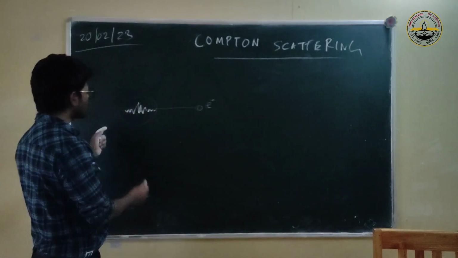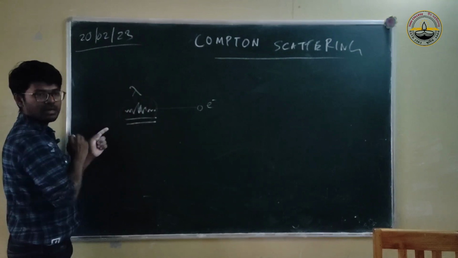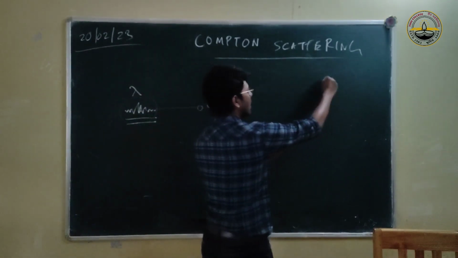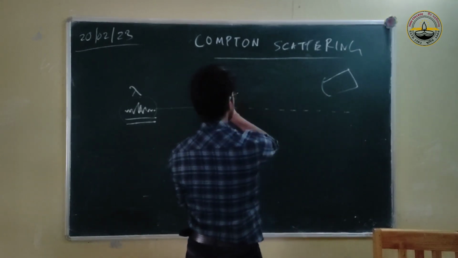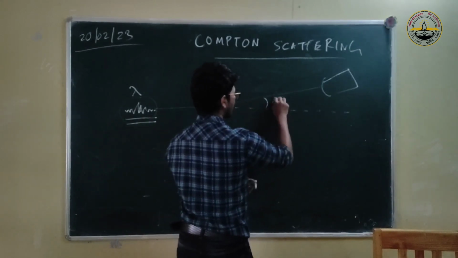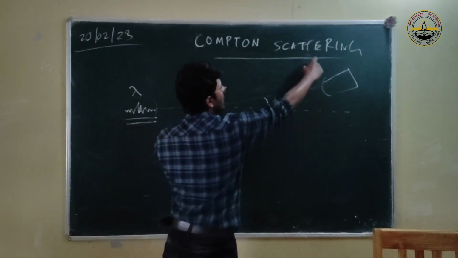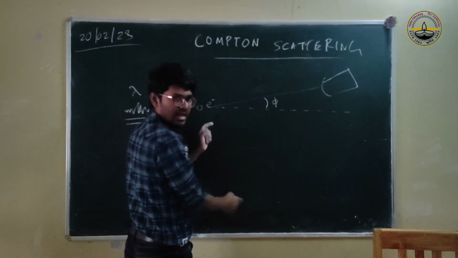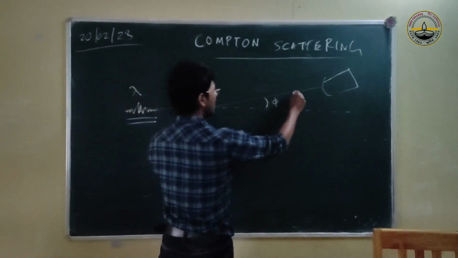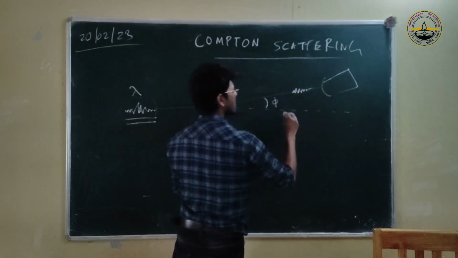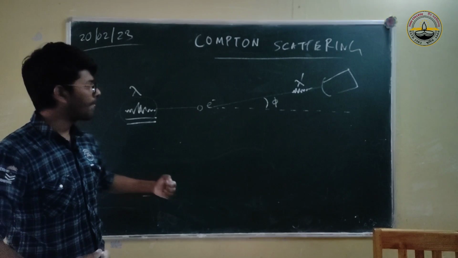You just know you sent this X-ray with some wavelength lambda, and then here you have a detector at some angle phi, let's say, and this detector can move, of course. So you can look at various angles and you see various light coming out, and you see that a photon came out with slightly longer wavelength.